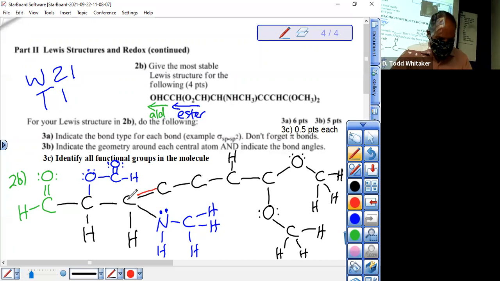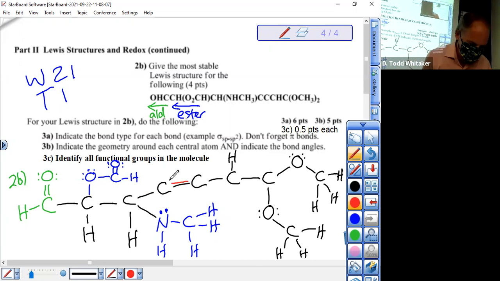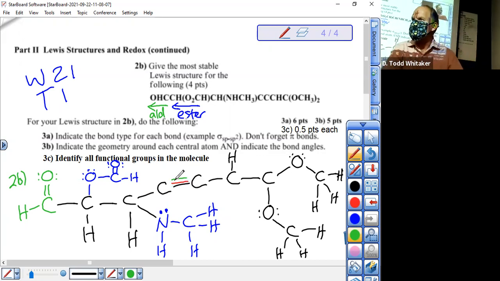It created an octet violation to the left. No, you need a pi bond this direction. And you're still not done with either one of those carbons. They're now surrounded by 6 electrons each. You need a second pi bond. And I think both carbons are fixed.